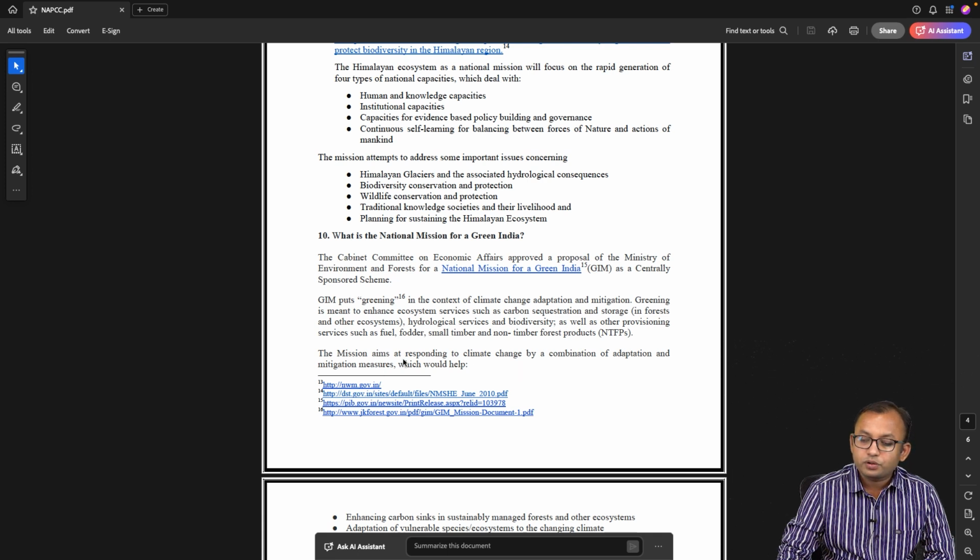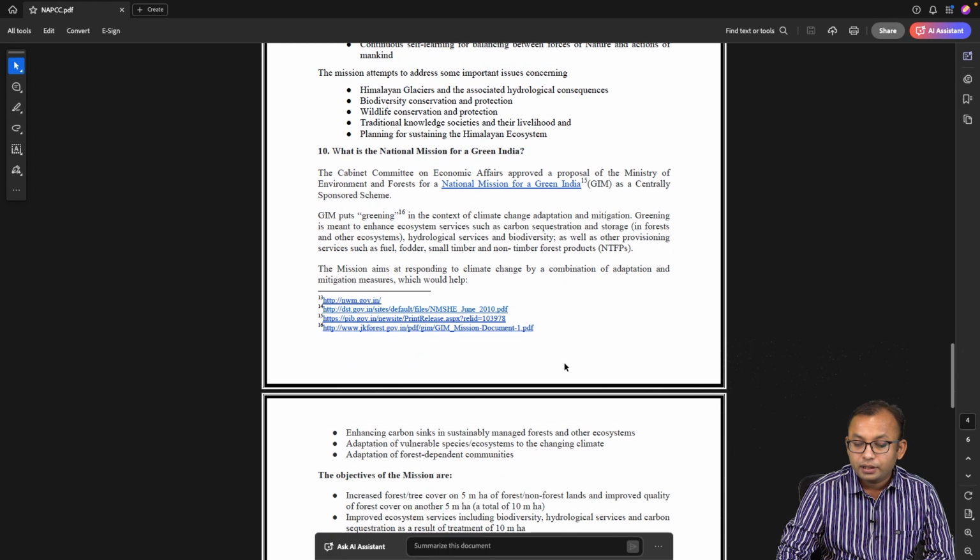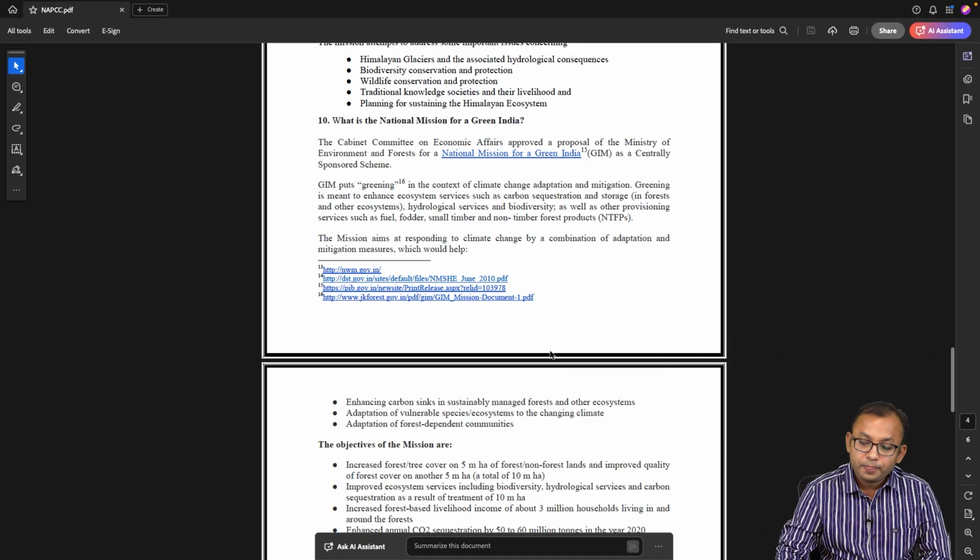The national mission also aims to respond to climate change through a combination of adaptation and mitigation, which would help enhance the carbon sinks, sustainably manage forests and other ecosystems, adapt vulnerable species and ecosystems to the changing climate, and support the adaptation of forest-dependent communities.